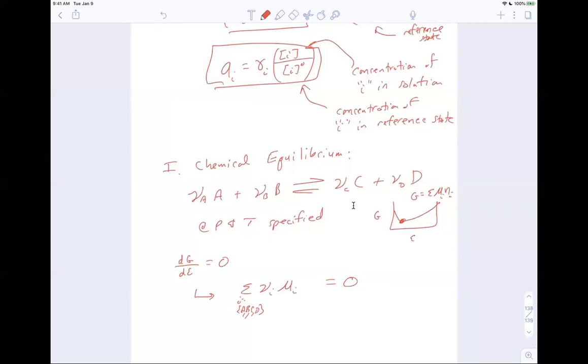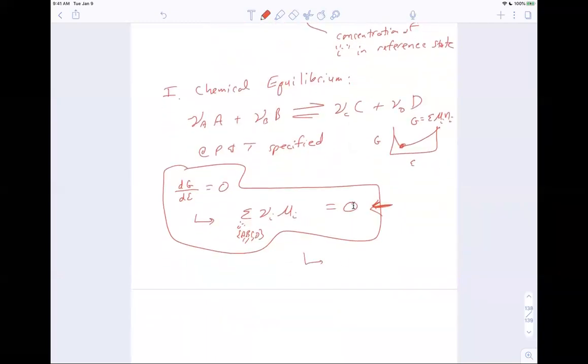This was the criterion for chemical equilibrium, which is really just a manifestation of dG d epsilon equal to 0, minimizing the Gibbs free energy. From that we obtained delta G naught of T is equal to minus RT natural log K equilibrium. That was the progression here.